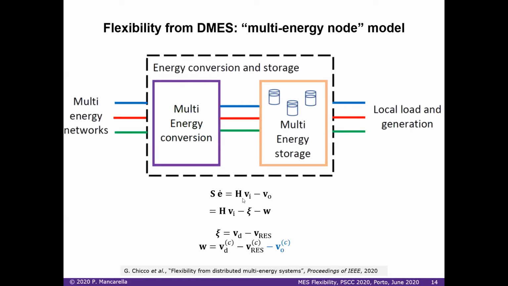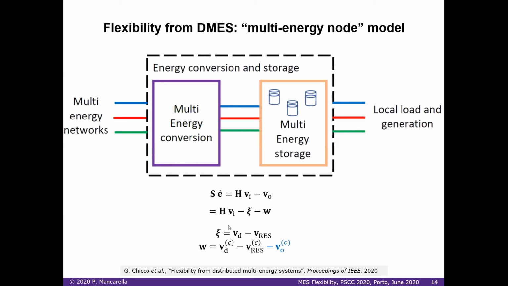Then you have H, the efficiency matrix that describes how the input energy vectors interact with the output energy vectors, because in between there is also the dynamics of the storage.